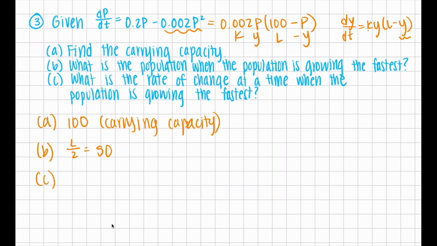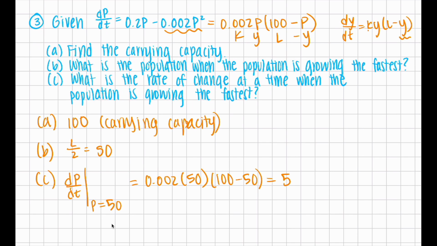Letter C, what is the rate of change at a time when the population is growing the fastest? So we want dP/dt when the population is growing the fastest, so at P equals 50. We plug in 50: 0.002 times 50 times 100 minus 50. And when you multiply all this out, we get 5.